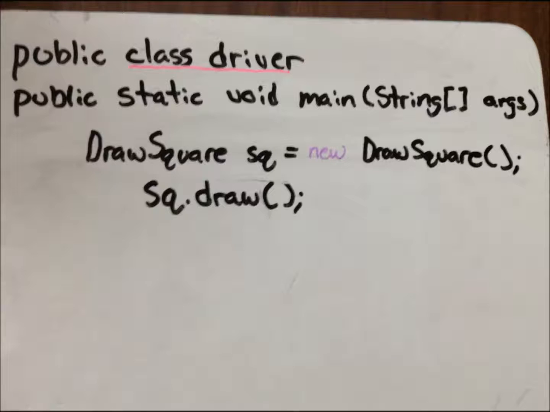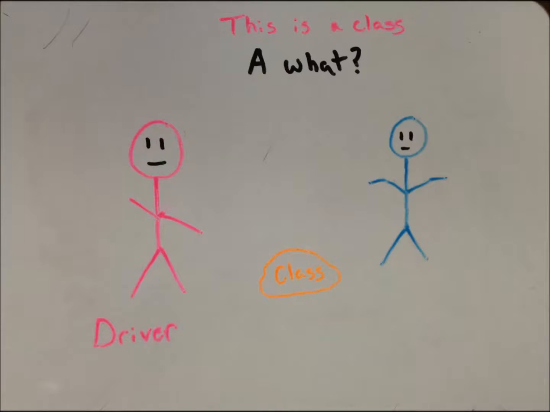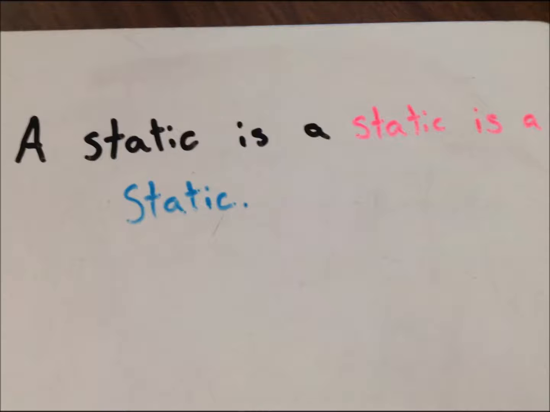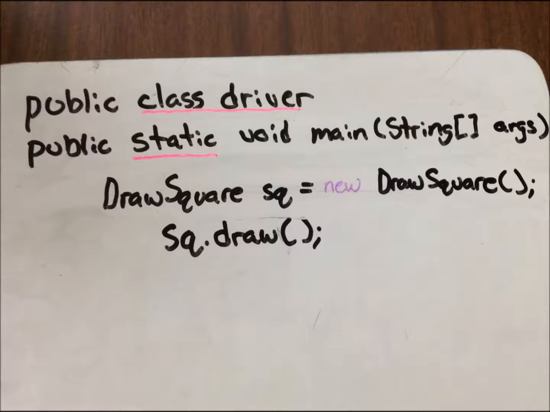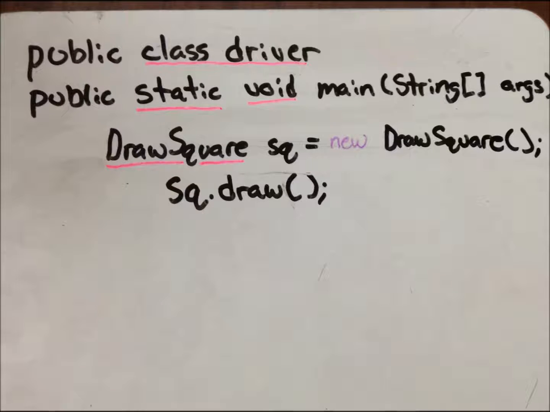So you have the beginning of a public class driver saying, hey, this is a class. The word static means that the driver always exists without an instance. You'll run into other static things later and even create your own, but today is not that day. Void means nothing is being returned, and I'll explain this in a bit. drawSquare means you're using the drawSquare class.